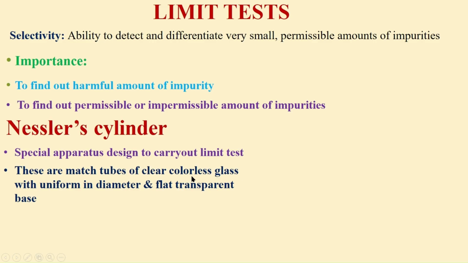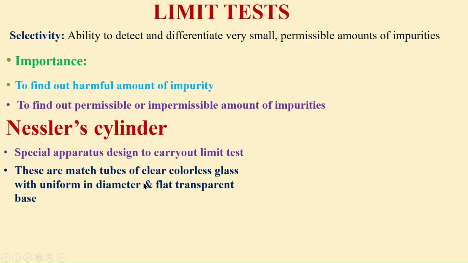These tubes are used to compare the amount of precipitate or the coloration that is formed when we add reactants, which react with the impurities present in the product. That's why we are matching. One is used for the standard solution, another for the test solution. That's why they are called match tubes.